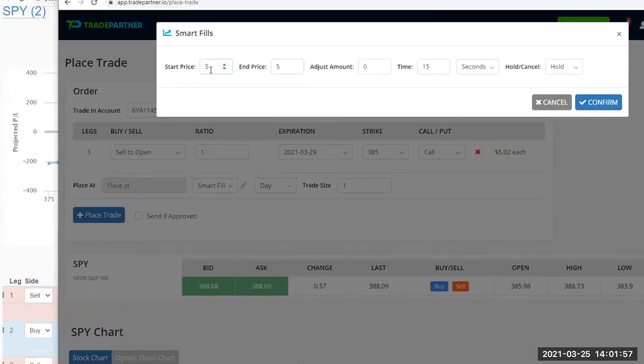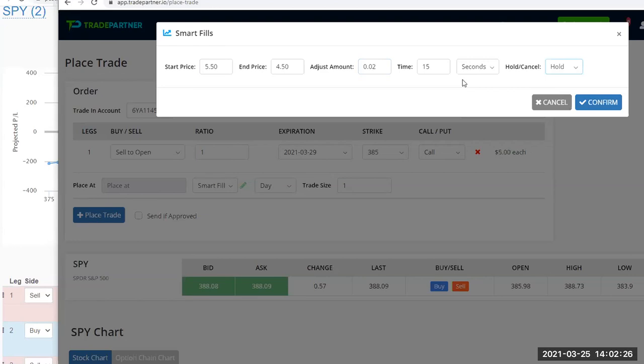All right. So when I say start at, let's say, 550 and end at 450, and then I go to 0.02, 15 seconds, it's basically the same thing as hold in the simple.